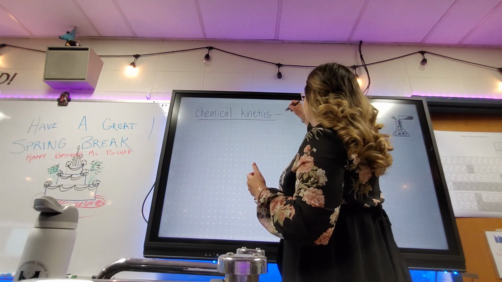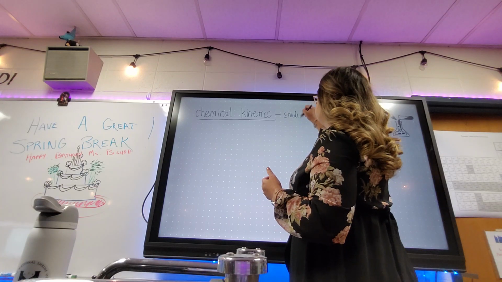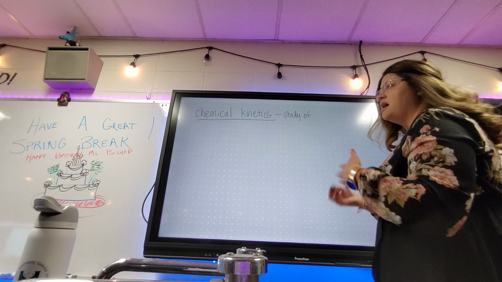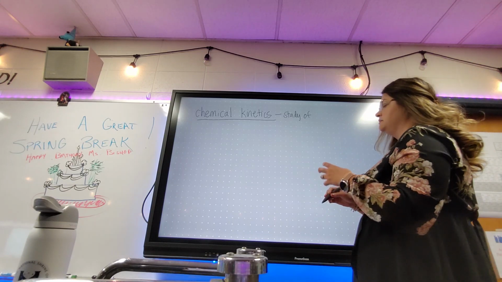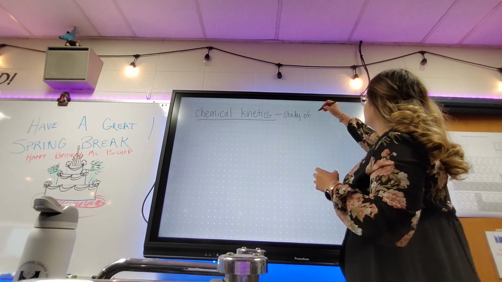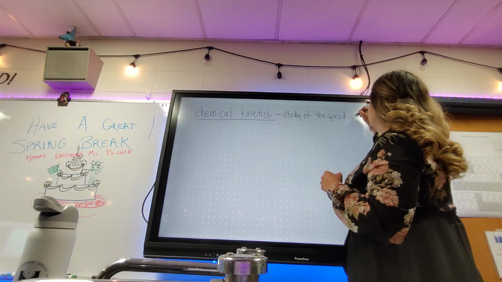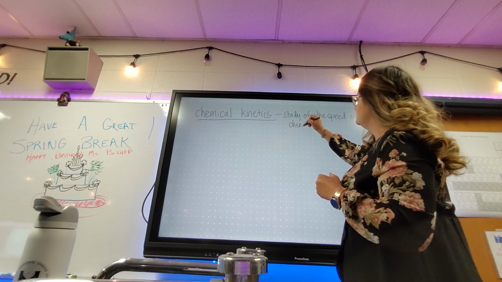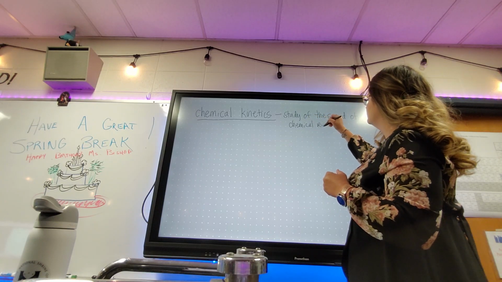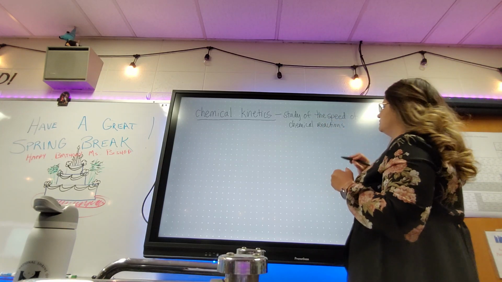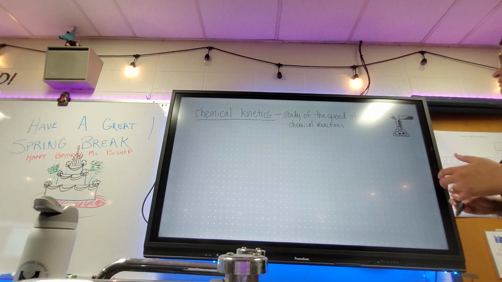So chemical kinetics is really the study of the motion of molecules in a chemical reaction. And so I'm going to call that the speed of chemical reactions. Chemical kinetics is the study of the speed of chemical reactions.